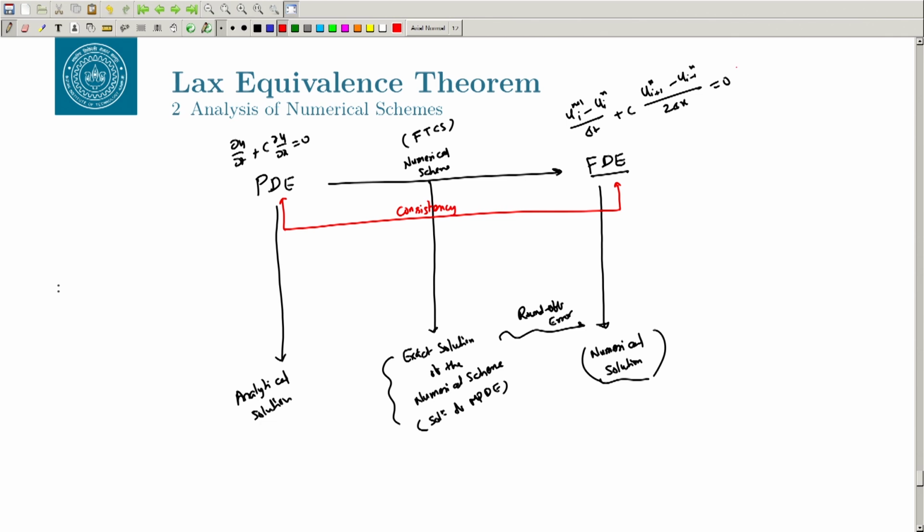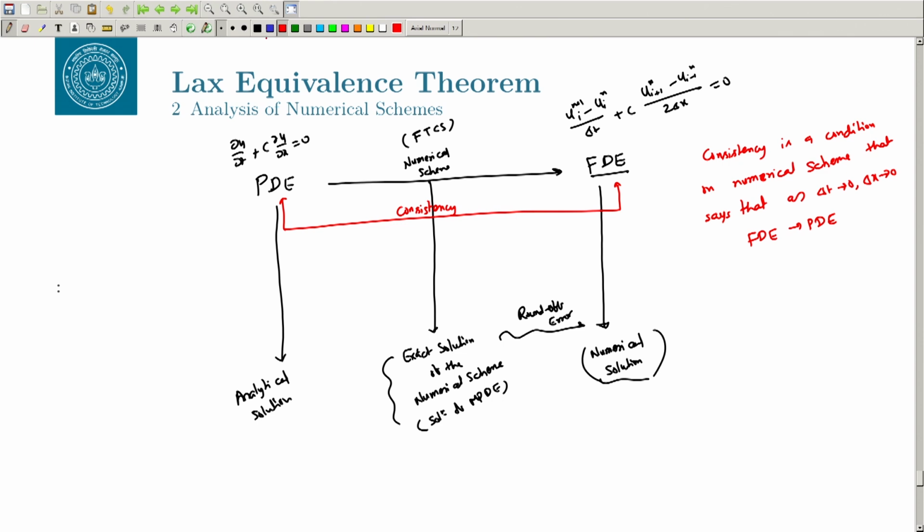So, consistency is a condition on the numerical scheme that says that as delta t goes to 0 and delta x goes to 0, your FDE goes to the PDE. That is your consistency.